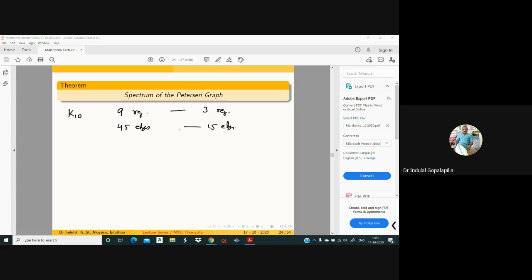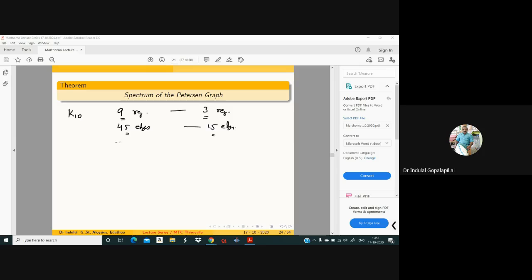So this is a question of importance in decomposition of graphs. We ask whether this graph with 45 edges can be decomposed into 3 copies of the Petersen graph with 15 edges each, because their union forms 45 edges.